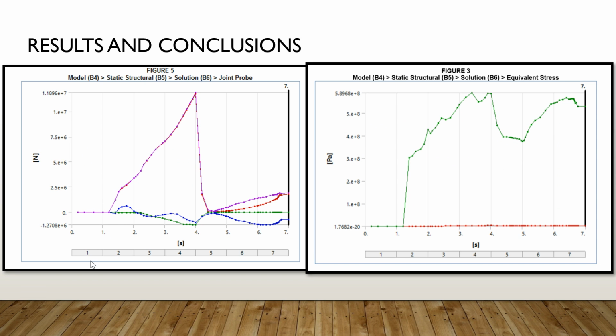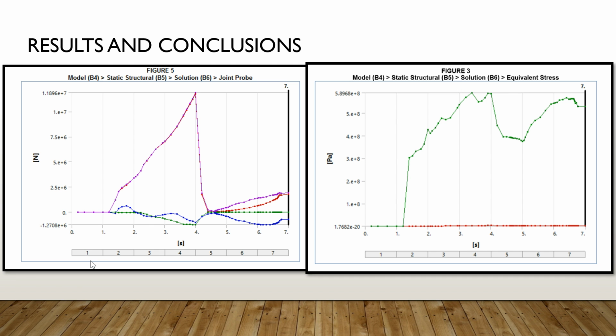The green and blue lines respectively show the forces along the y and z axis. We can see that the forces reach a peak at around 4 seconds, during which the dies are nearly touching. After that, since the dies are returning back to their original positions, the forces decline in magnitude.